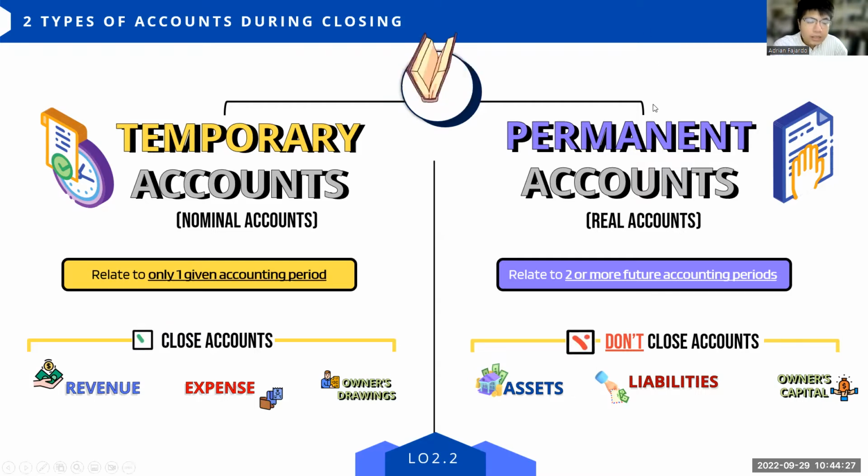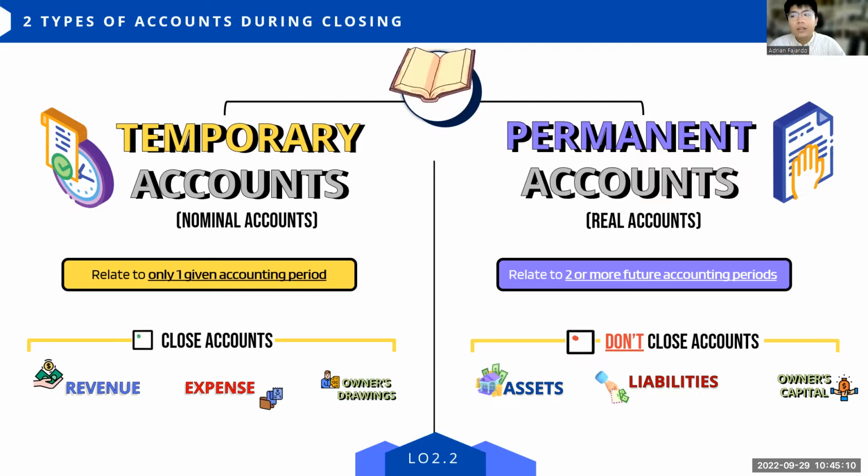So in summary, you can categorize all of the accounting components into 2 types. Your temporary accounts, or what you call your nominal accounts, relate to only one given accounting period. Therefore, what we have to do for temporary accounts is close them, meaning zero them out. And what are the temporary accounts? Our revenue, our expenses, and owner's drawings. So in a sense, your income statement and most of your changes in owner's equity are temporary accounts.